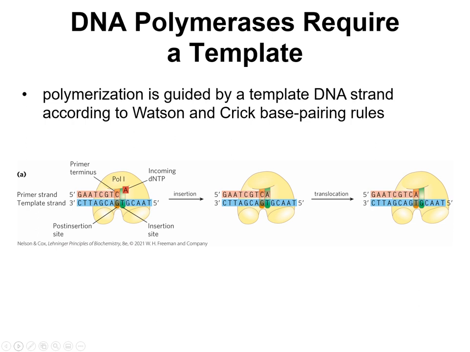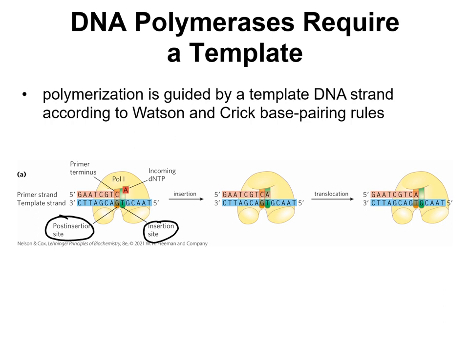There are some different spots that we need to recognize on the pol enzymes. There's the insertion site, which is where you're going to be adding a new nucleotide. And there's the post-insertion site, which has the base pair that you just finished making.